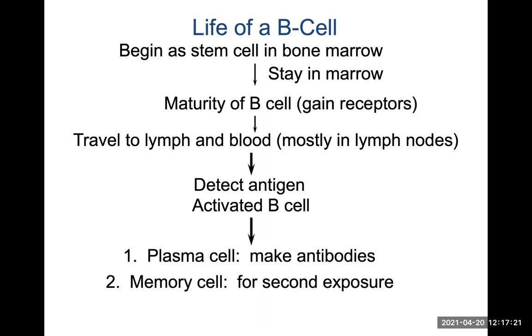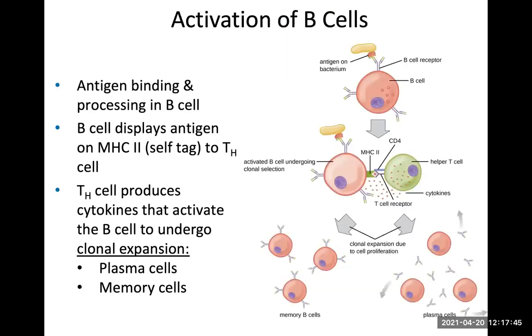And they're going to hang around throughout your lymph and throughout your body, so that if that antigen gets access to your body again, it'll immediately be able to secrete large amounts of antibody and give you that secondary and lifelong protection.